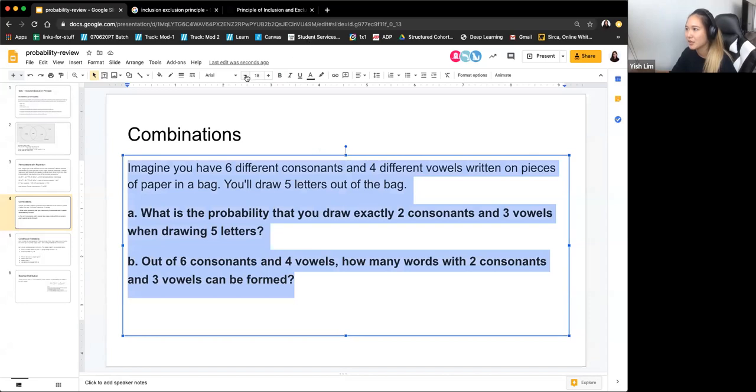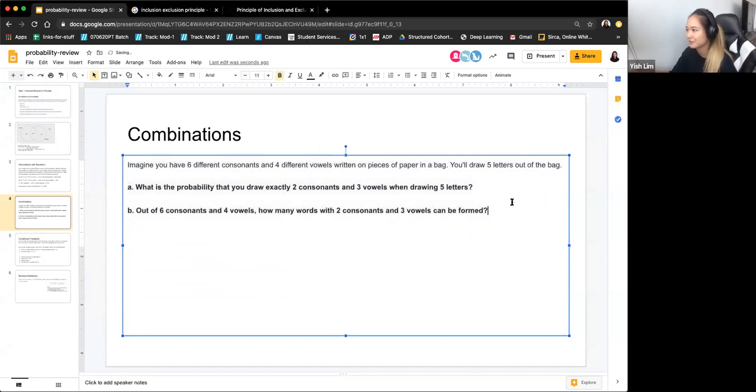All right, let me make this smaller again so there's some space to work. So in this case, let's do the numerator denominator thing. We draw 5 letters. So first we want to find out how many combinations of 5 letters can you draw from 10?